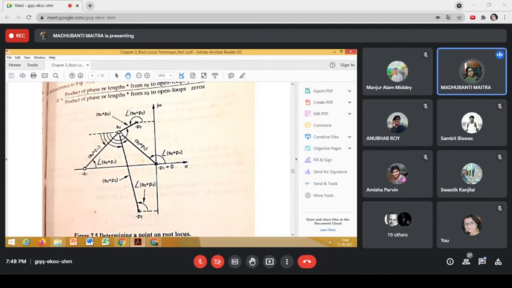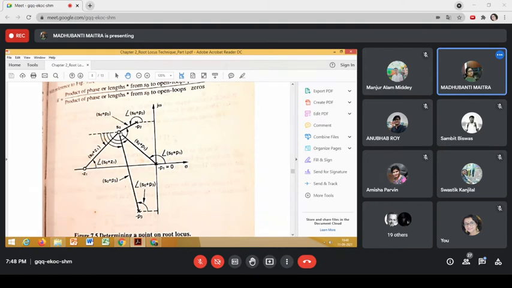And if the root locus doesn't pass through a point, then the point will not be a root of the characteristic equation, and we'll call that point a not on locus point. Clear?